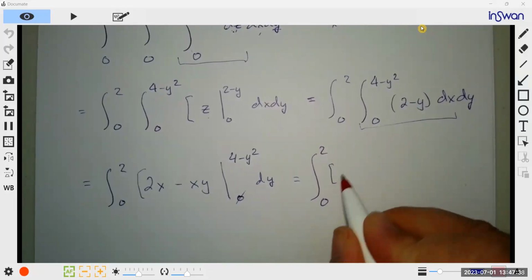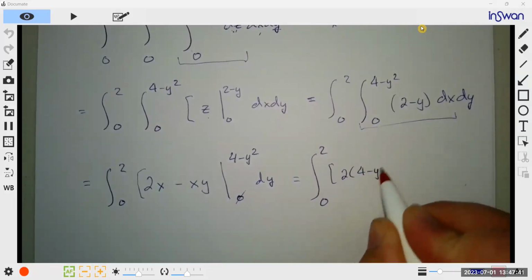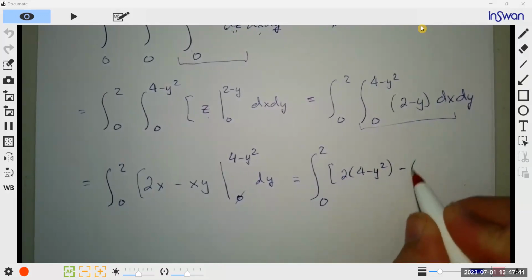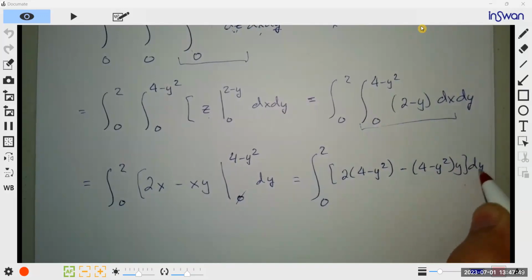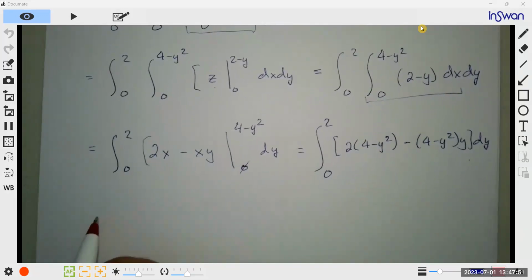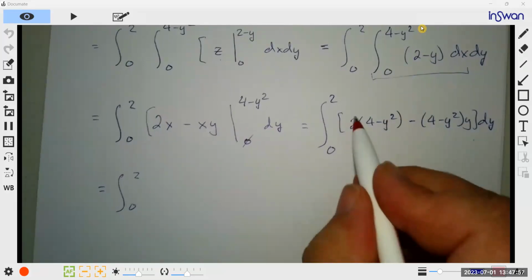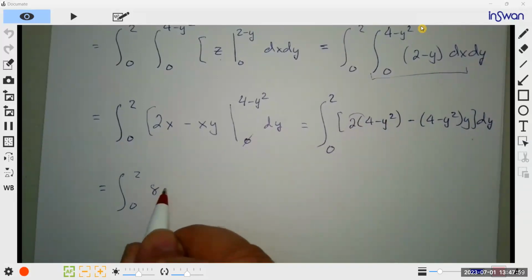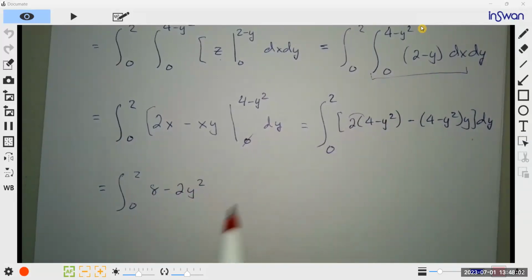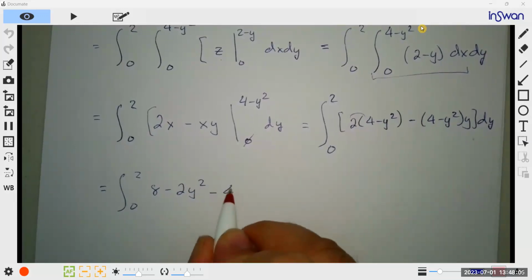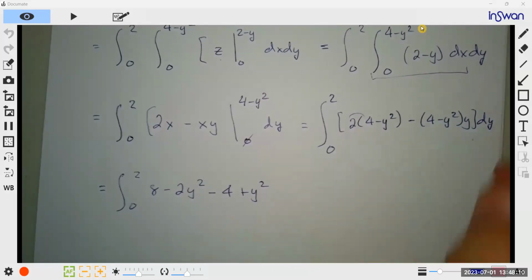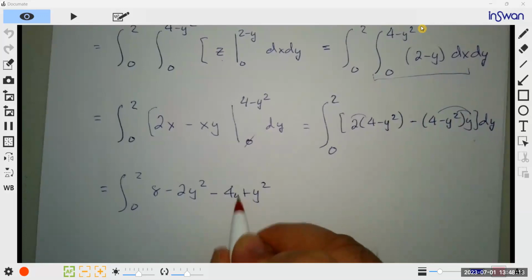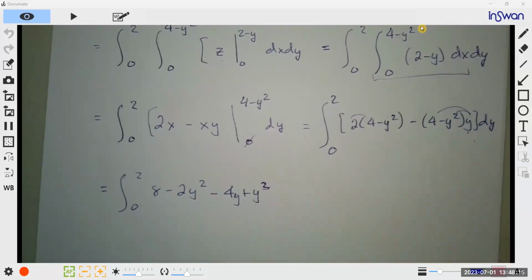So it's going to be 2 times 4 minus y squared, minus 4 minus y squared times y. Makes it 8 minus 2y squared minus 4y plus y cubed. Forgot that y out there.